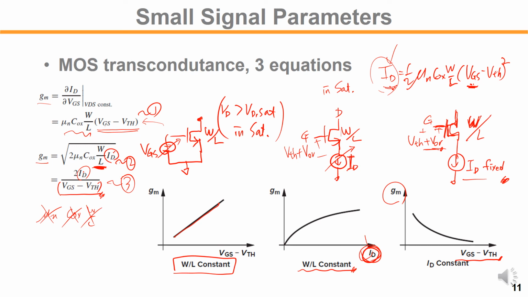So it is more insightful to use the third equation, but in some cases it is more useful to use equation 1 or 2, depending on what is fixed and what is constant, what is the one that you want to maintain. So depending on that variable, we have to be able to freely choose one of those three equations.